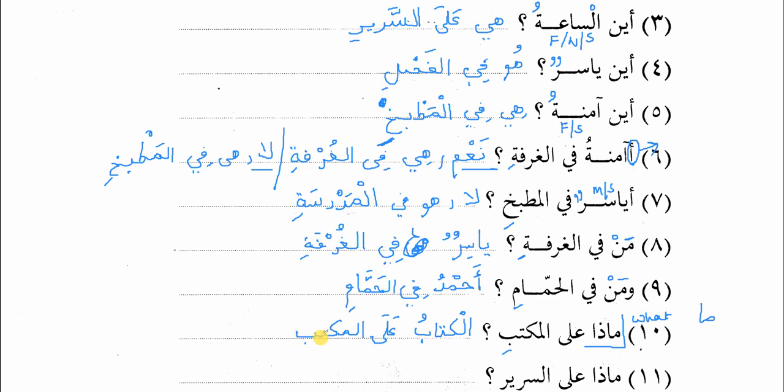This is how you will put the harakas. Maza ala sariri. What will you say? Al qalamu. Since there is nothing before this noun, it will have a single haraka, dhamma. Ala sariri.